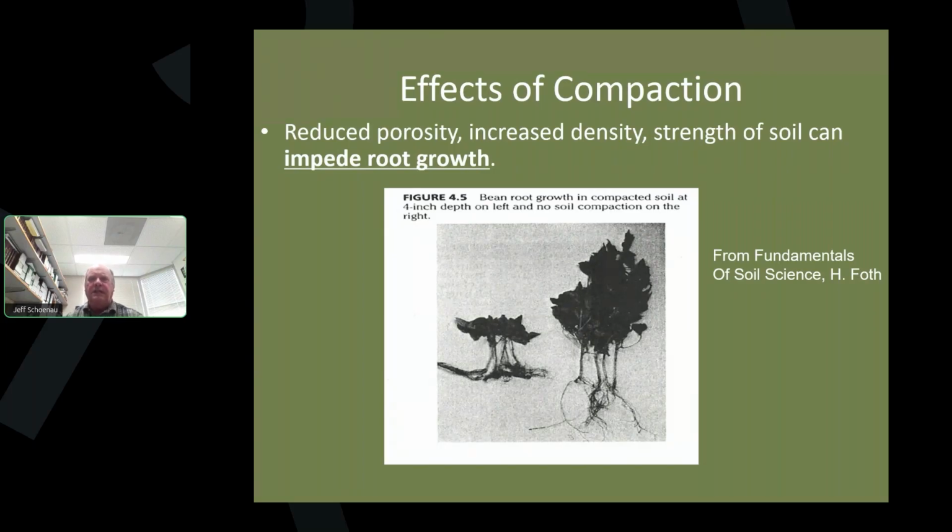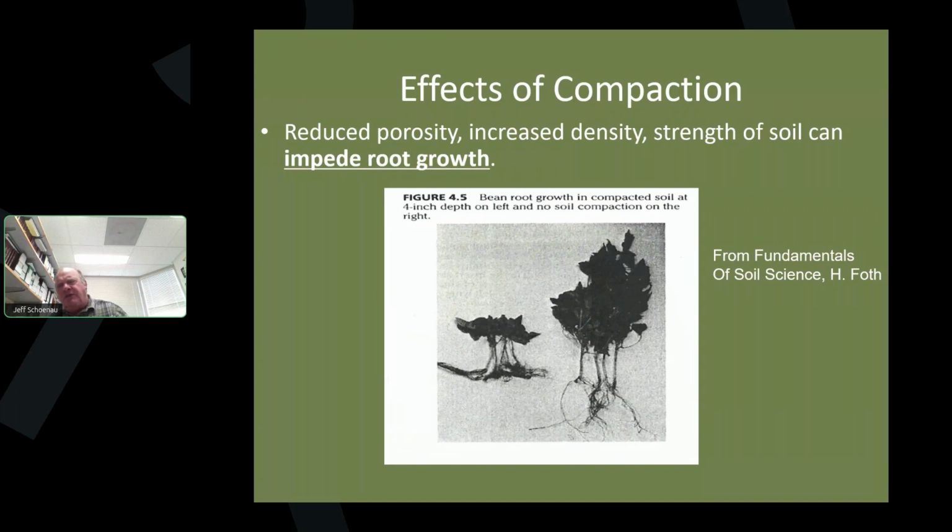And one picture I always like to show out of the introductory soil textbook with beans is the impact of that compacted layer, reducing the ability of the roots of that bean plant to explore that soil volume. Different plants have different abilities to push through that hardened soil.